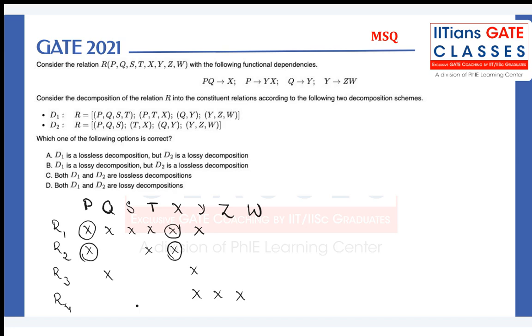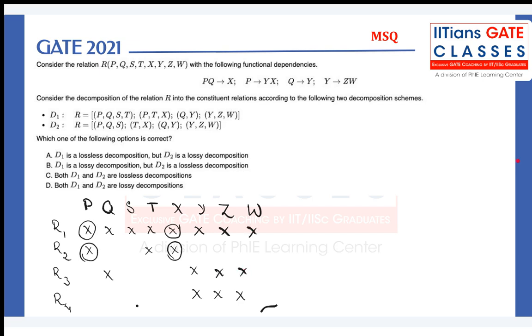Is ZW marked in any of these rows? In R4, so you will also have to mark ZW. What does it mean now?